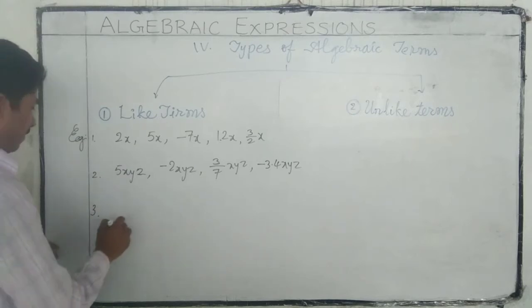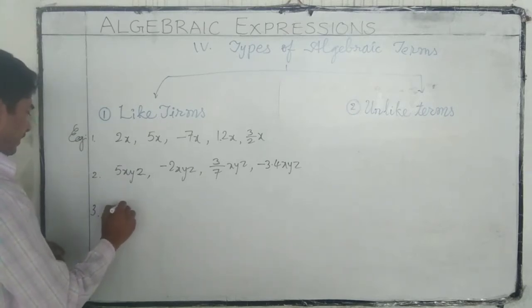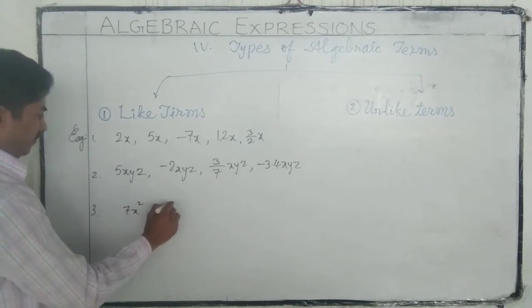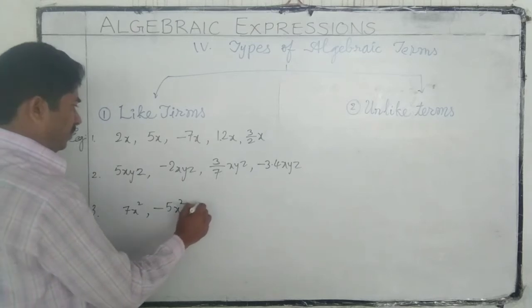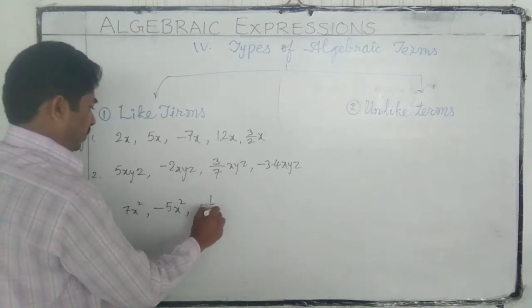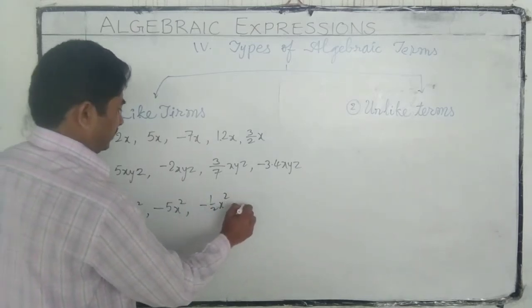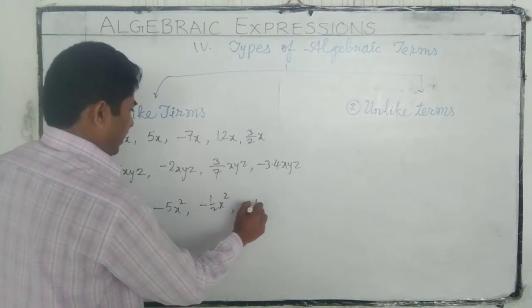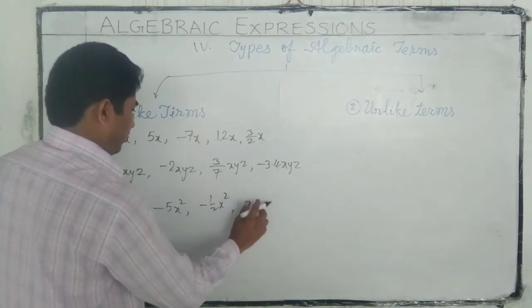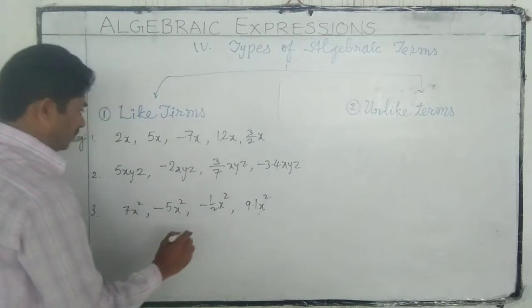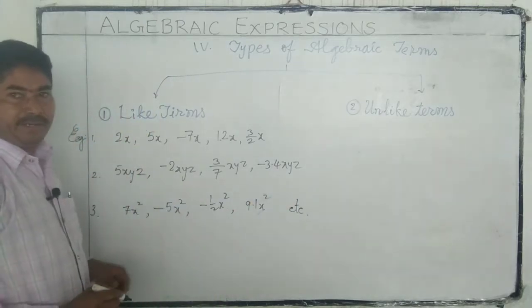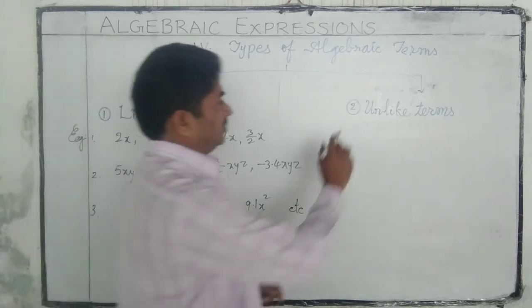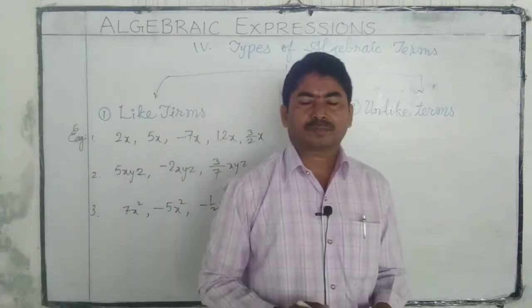Example 3, 7x square, 5x square, minus 1 by 2 x square, minus 9.1x square. So etc. are like terms.